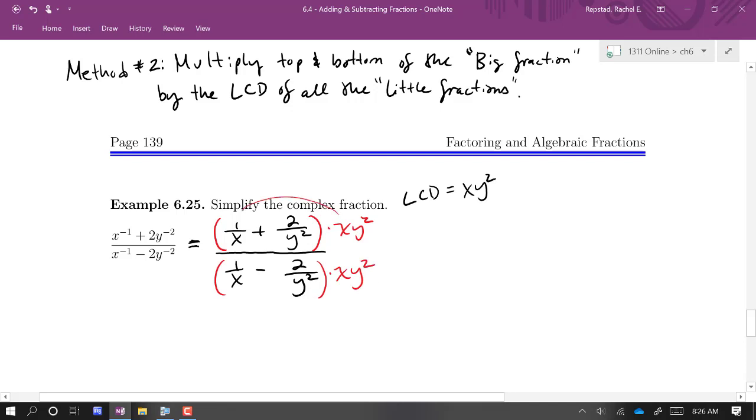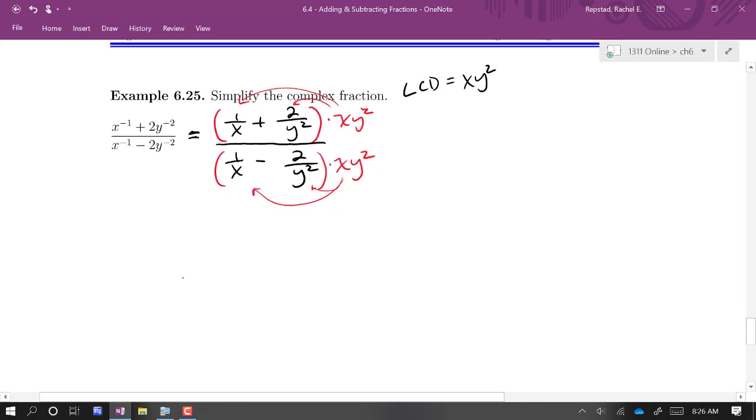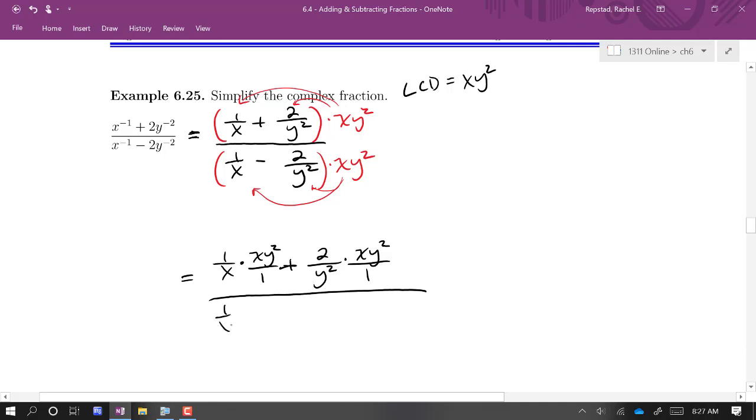And then we're going to distribute. So that's what it looks like in the top, and then in the bottom we distribute.